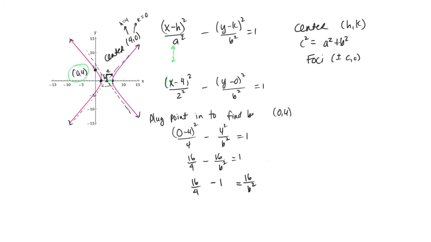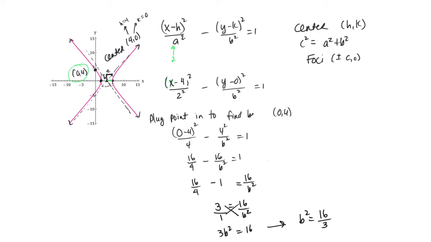So we would have, this is 4, so 4 minus 1 is 16 over b squared, so that's 3. And then solving for b, we could just set cross products equal. We would get 3b squared equals 16. And so then that would give us that b squared is equal to 16 divided by 3.